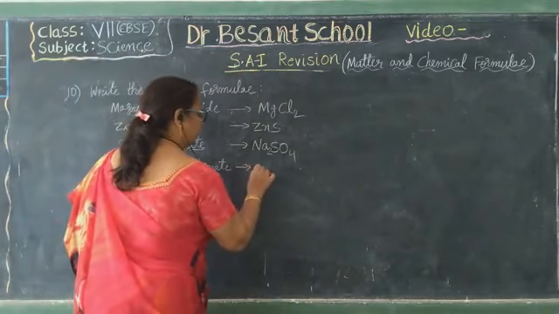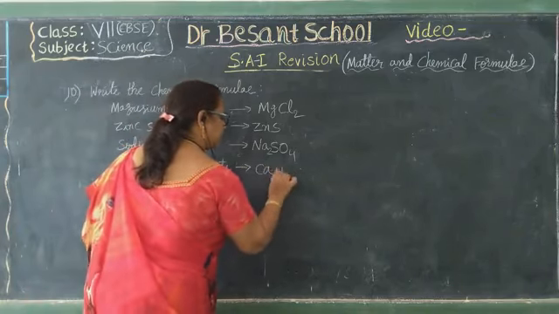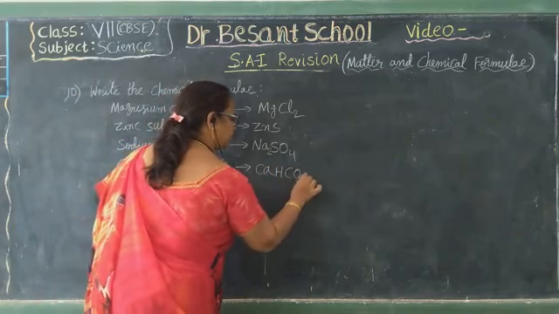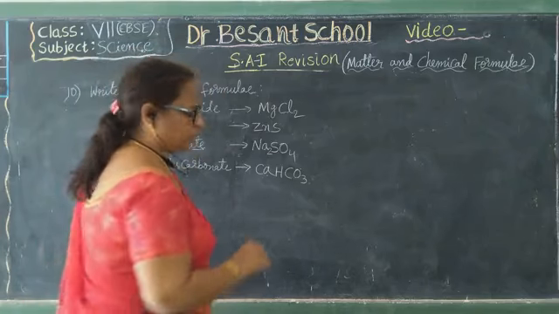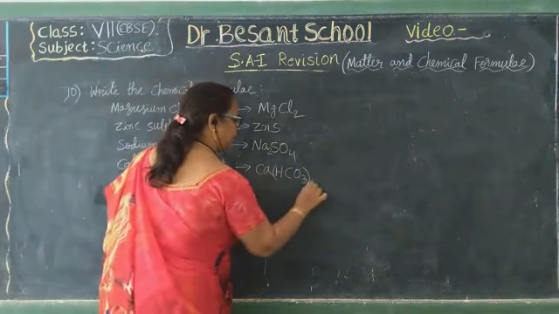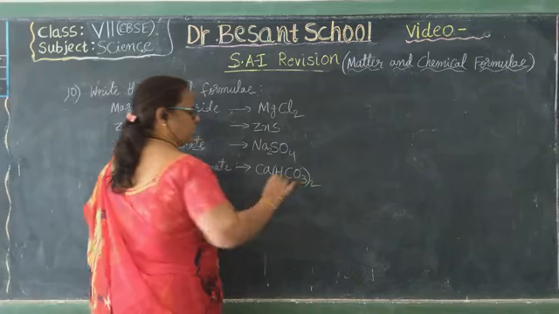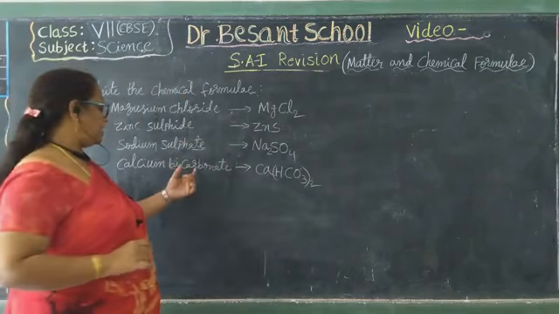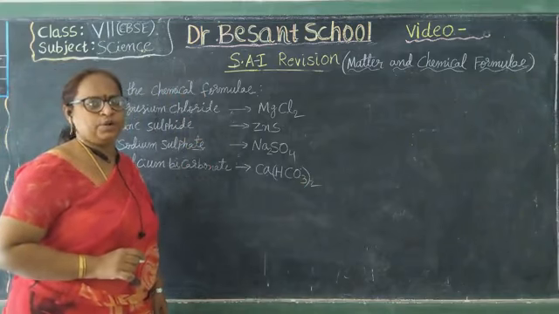Calcium bicarbonate, calcium Ca, bi means combined with hydrogen H, carbonate is CO3. Whereas Ca(HCO3)2, keep the bracket and 2, which belongs to hydrogen, carbon and oxygen all.